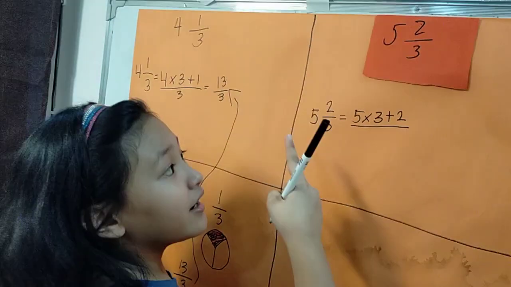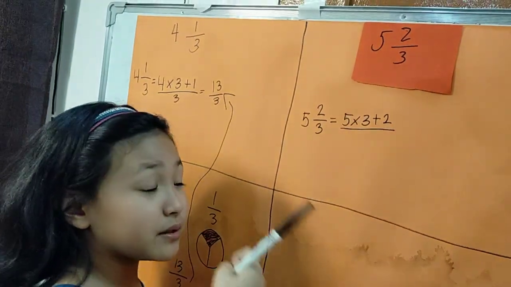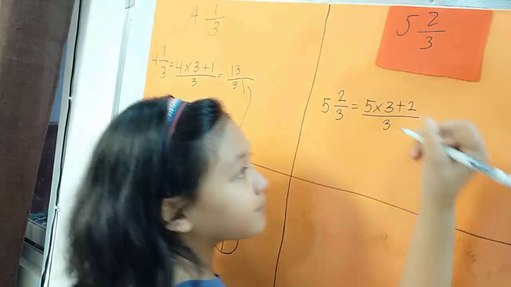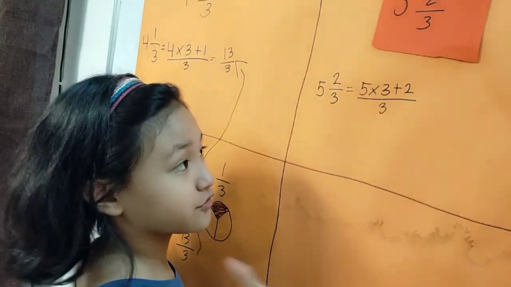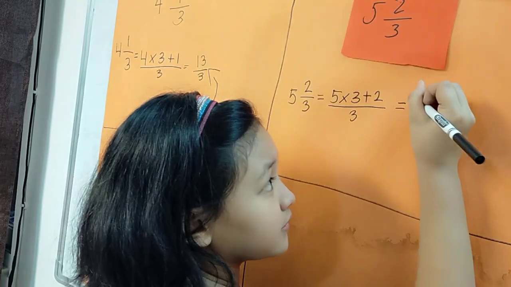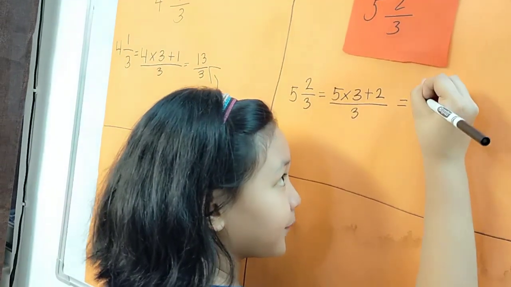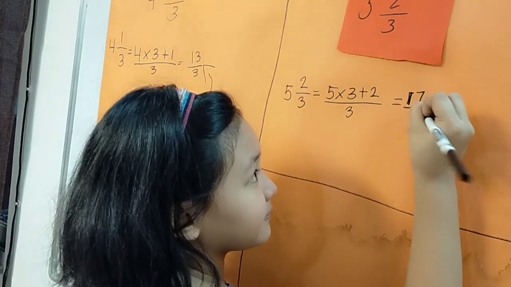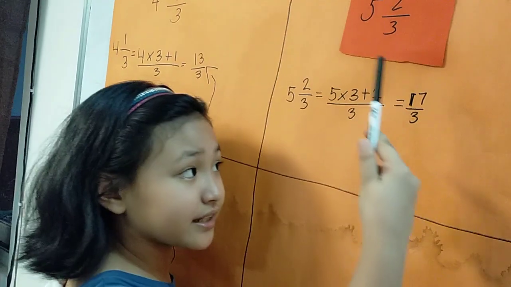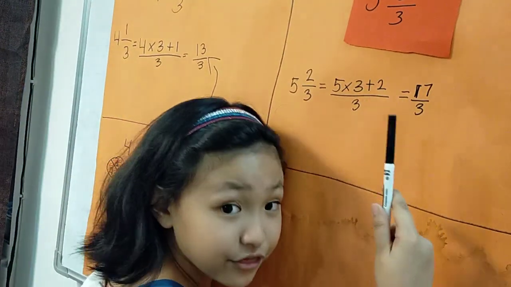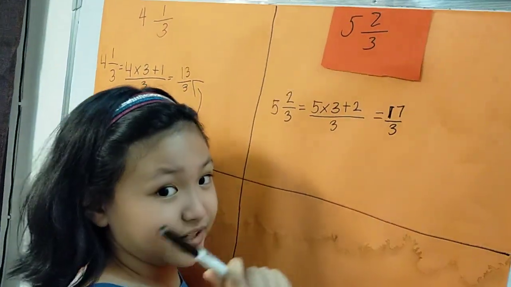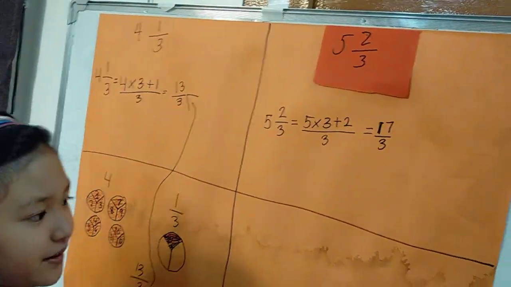And remember, the denominator will be the same for this fraction. 5 times 3 equals 15, plus 2 equals 17. And the denominator will be the same, 3. So it's 17 thirds. This is the improper fraction of the mixed fraction.